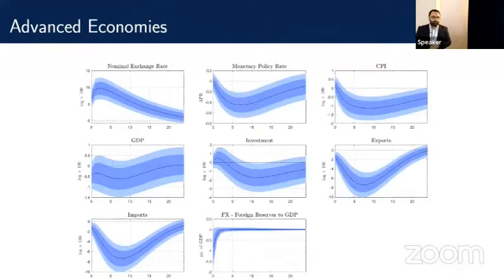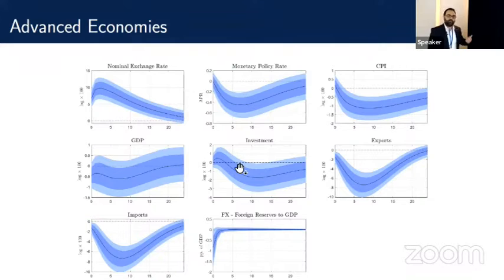This is advanced economies. We see a depreciation of the nominal exchange rate. So dollar becomes more valuable, local currency depreciates. But as opposed to the core of Mundell-Fleming logic, we see a huge decline in exports. I mean, this is really alarming from a Mundell-Fleming perspective. Otherwise, it's standard. GDP goes down somewhat, not too much.